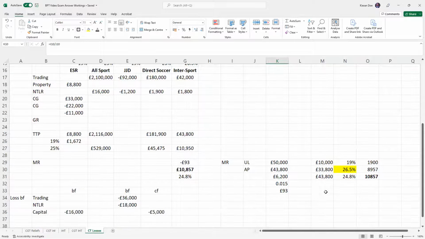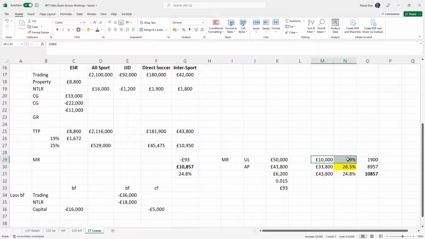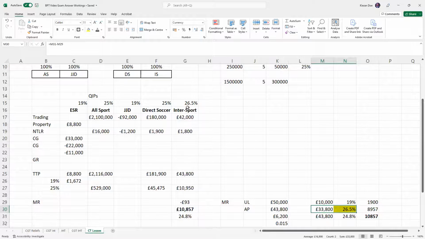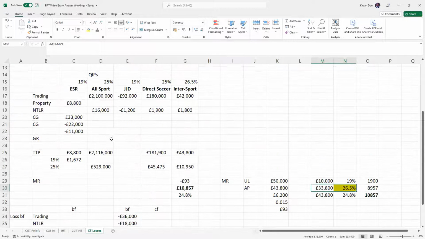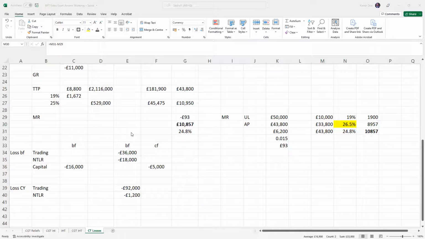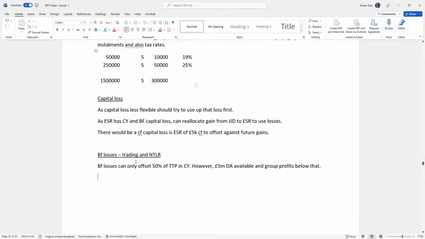The way that effectively works is the first 10K of profits is taxed at 19%, and then those marginal profits at 26.5%. So those marginal profits are at a higher rate than the other companies, even those paying at the main rate. That's going to be a main consideration here.